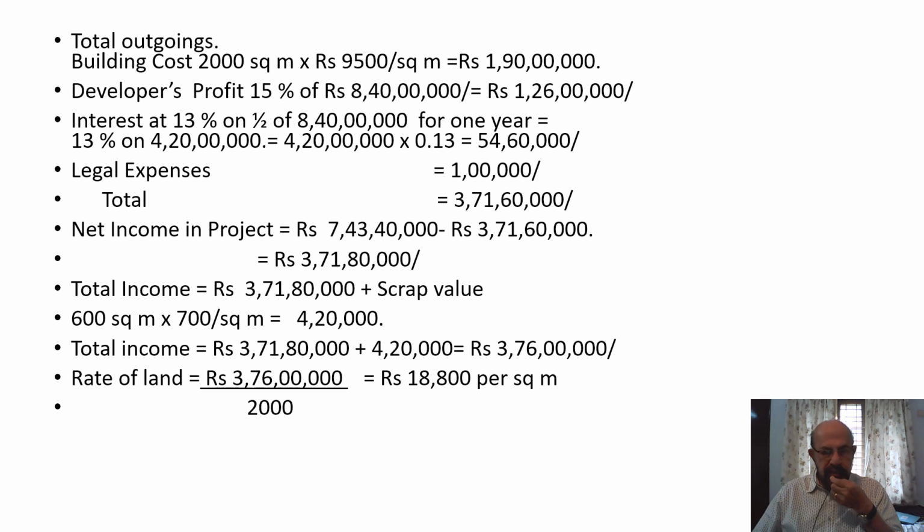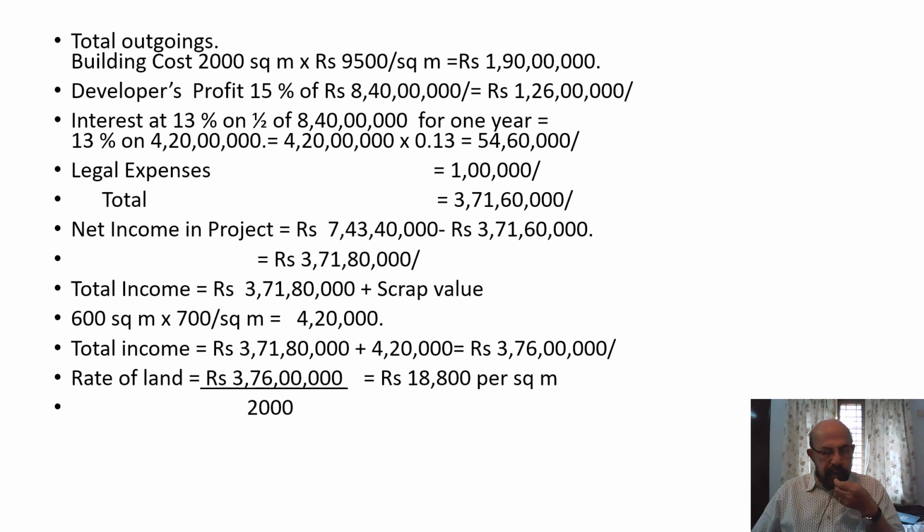Interest at 13% on half of the investment of 8 crores 40 lakhs for 1 year, that is 13% of 4 crores 20 lakhs, that is half of 8 crores 40 lakhs, which is equal to 54 lakhs 60,000. Legal expenses 1 lakh. Total 3 crores 71 lakhs 60,000.